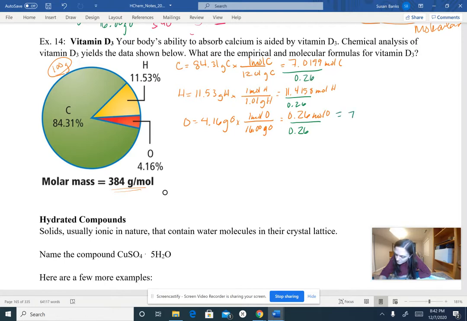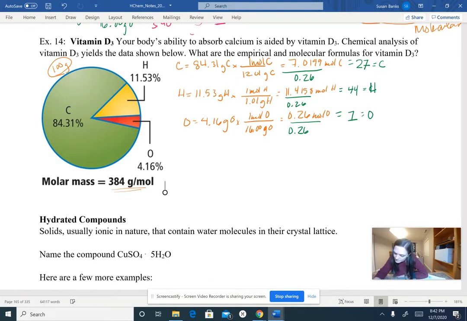So this will give me 1 oxygen, right? And this gives me 43.9, which is super close to 44. And this gives me 26.99, which is super close to 27. Okay, so this gives me 27 carbons, 44 hydrogens, and 1 oxygen.